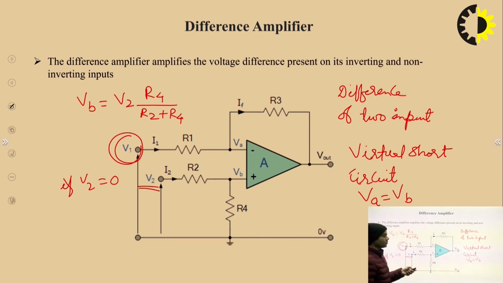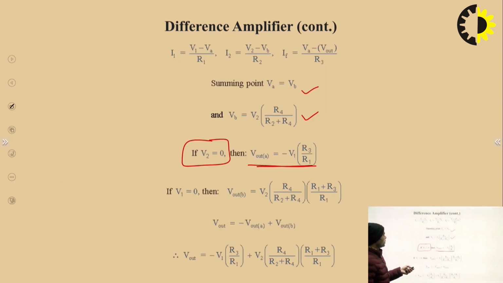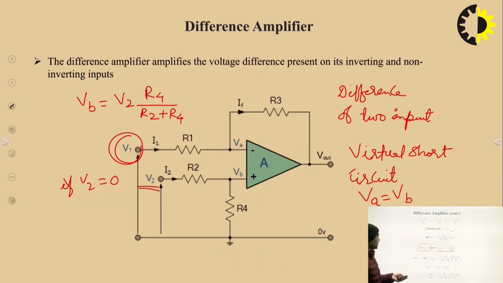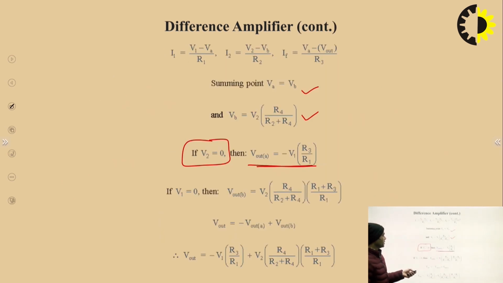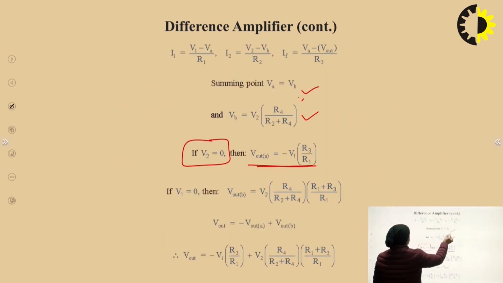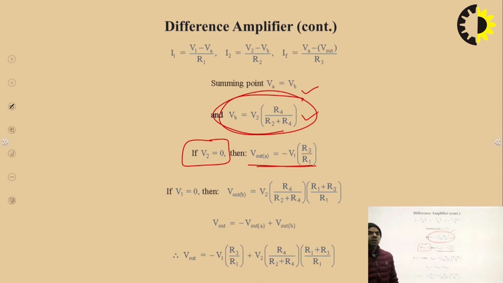And the input voltage, that means the voltage which is appearing at the node VB, is this, which we have already found out, V2 into R4 upon R2 plus R4.